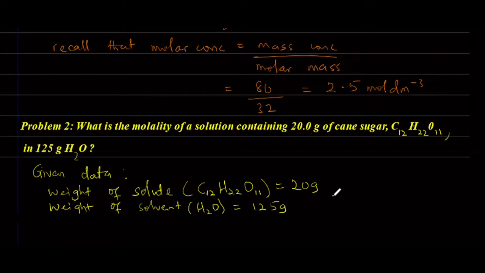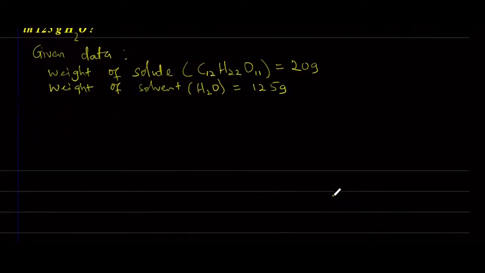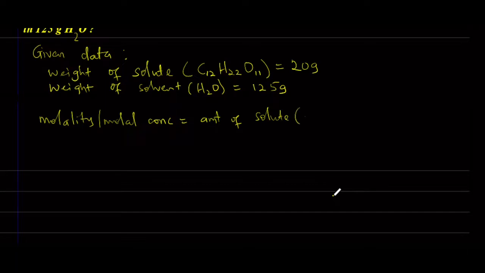So to solve for molality, we should be able to use the formula that says molality, or molar concentration, is defined as the amount of solute expressed in mole divided by weight of solvent, which is in kilogram.